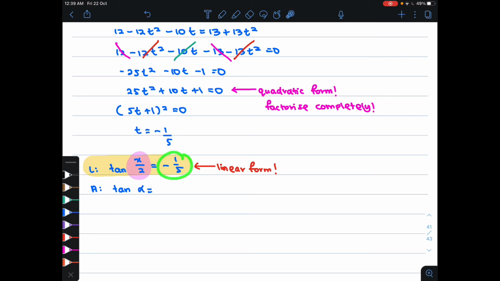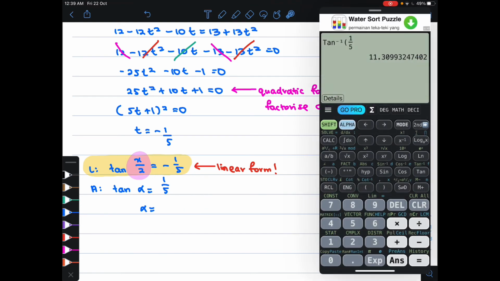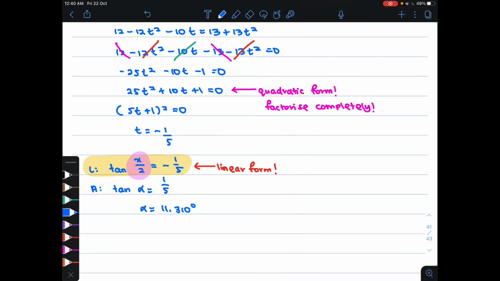And for negative 1 over 5, it will become positive 1 over 5. So alpha is tan inverse 1 over 5. And the answer is 11.30993 degree. So just take 3 decimal places, which is 11.310 degree.